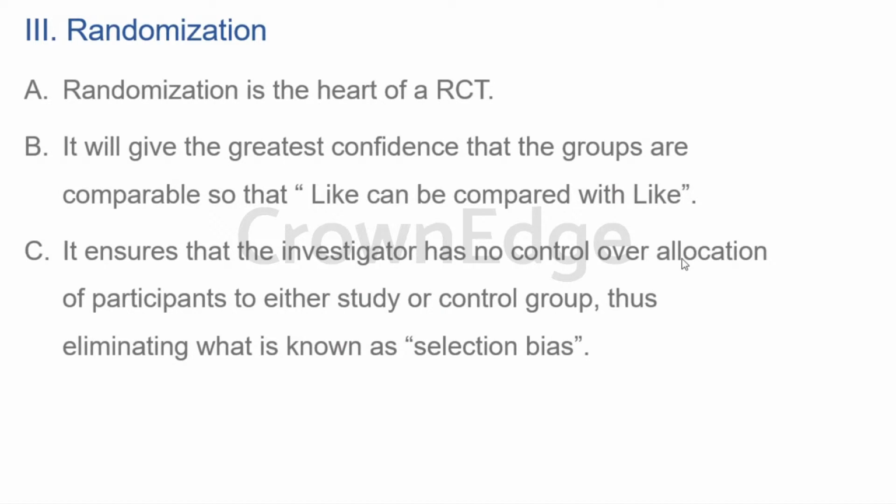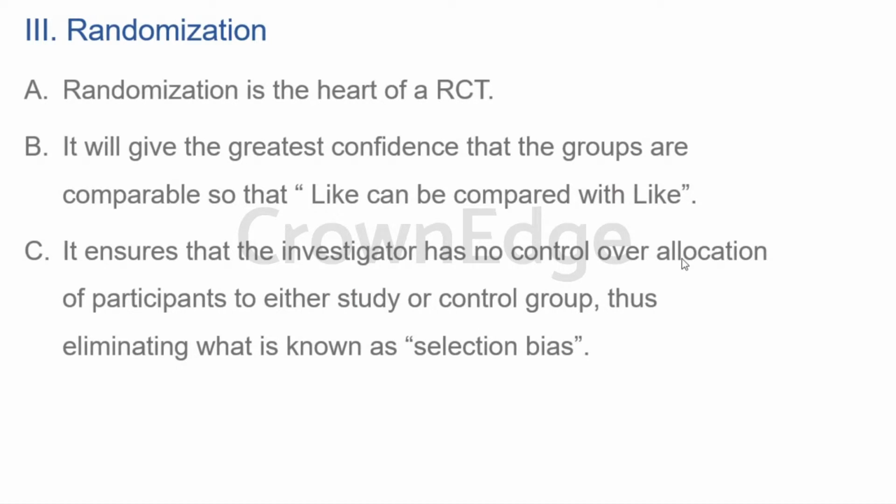You have to allow a computer software or another statistical method to decide which people go into which groups, so that there is no bias, or so that the study results do not get tipped or biased by your manipulation. Everyone should get an equal chance of getting into the groups.